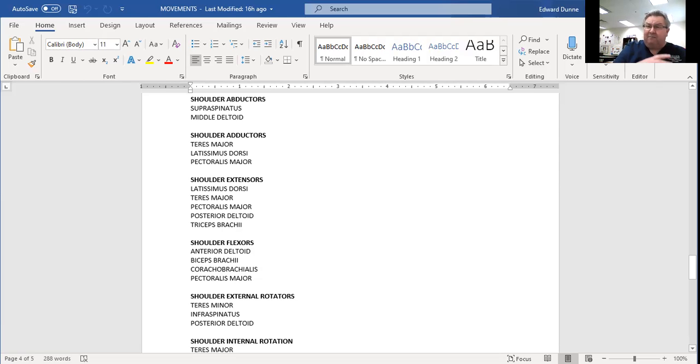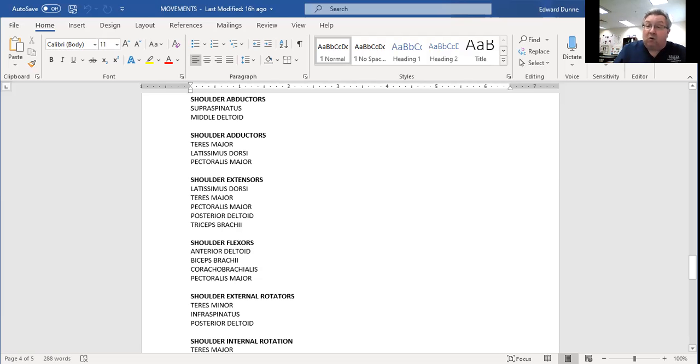So it's actually a back muscle, but it comes around to the front and inserts onto the lesser tubercle of the humerus. So when it contracts, it pulls the humerus inwards towards the body.